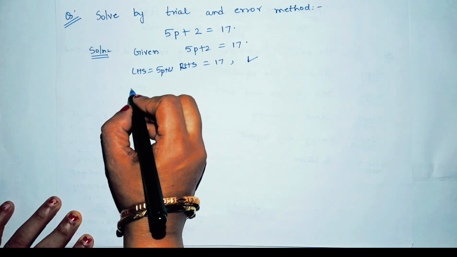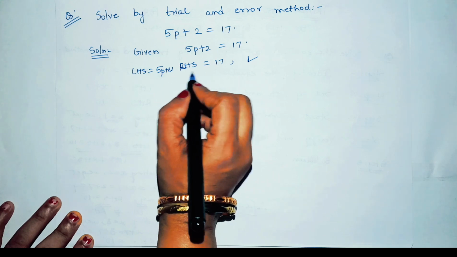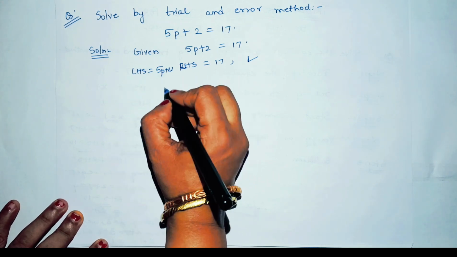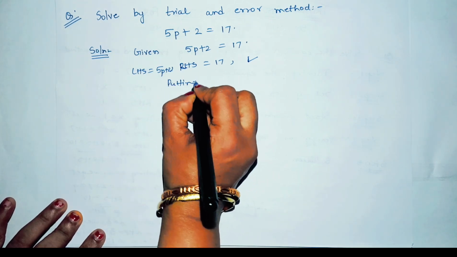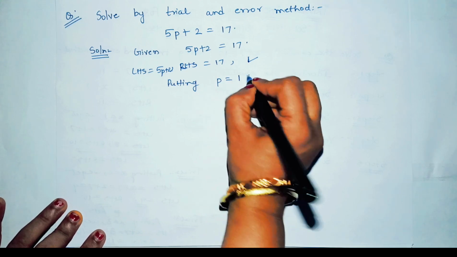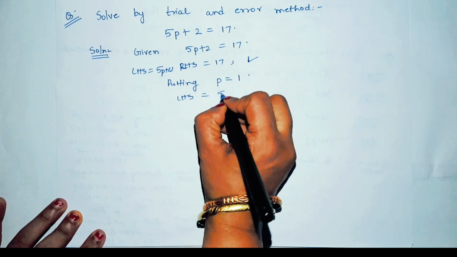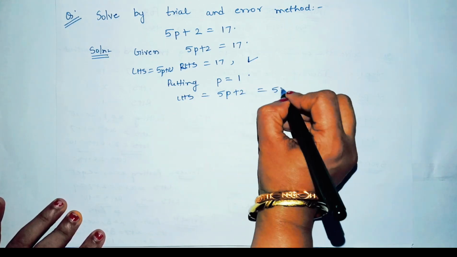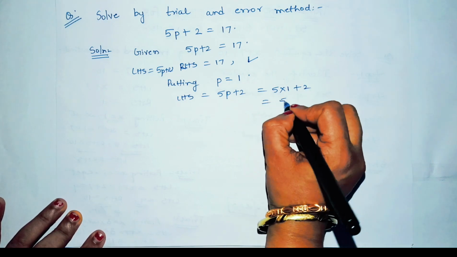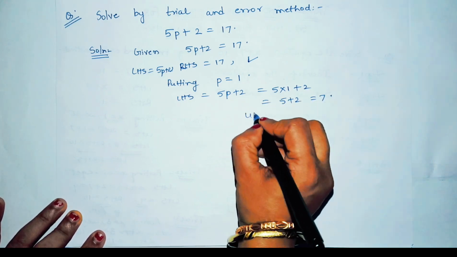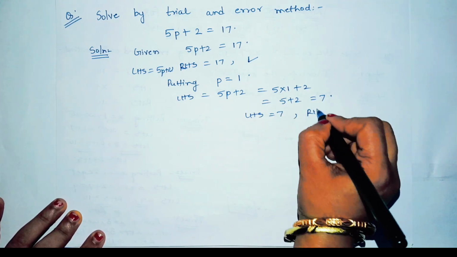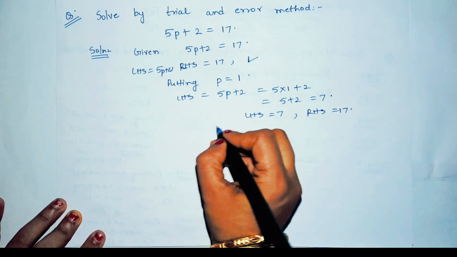Now in step 3, what did they say? Start guessing. So putting p equals 1. LHS equals 5p plus 2, 5 into 1 plus 2, which is equal to 7. LHS equals 7. RHS equals 17.